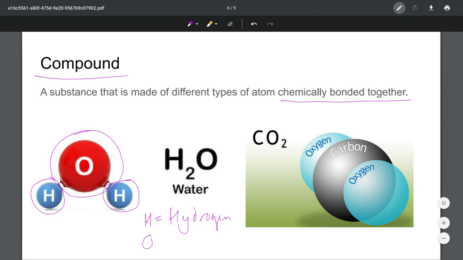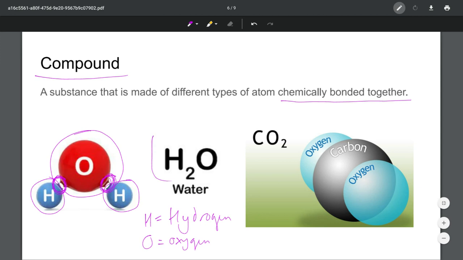So O stands for oxygen. It's quite a nice little diagram here where I'm circling there and there. It shows that they are chemically bonded together. Okay, so they've got chemical bonds holding them together and they're not easy to split up.